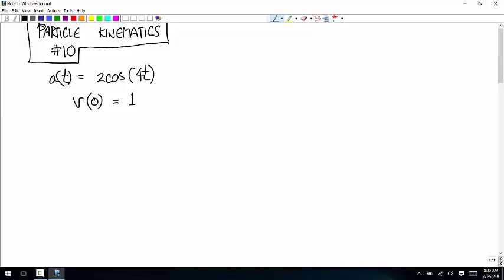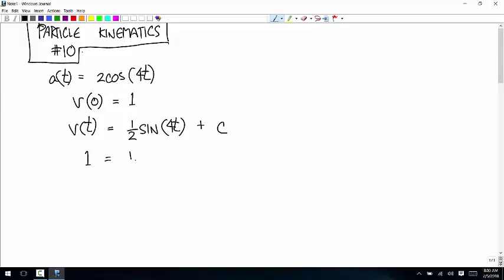So we have to integrate the acceleration to get the velocity. So velocity as a function of time is equal to 1/2 sine of 4t plus some constant. And we know that if you plug in time equals 0, you get 1.